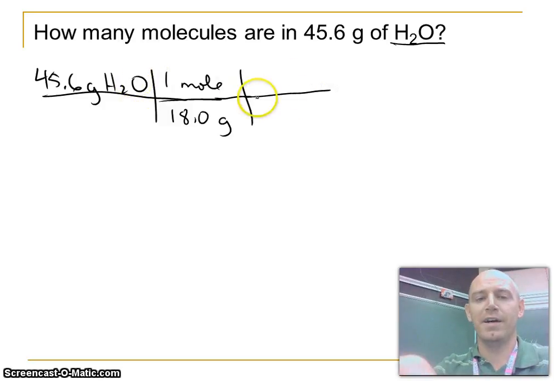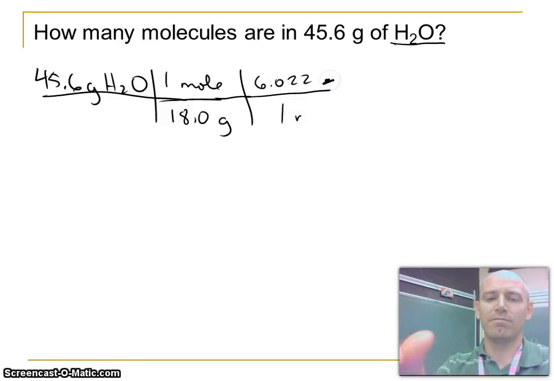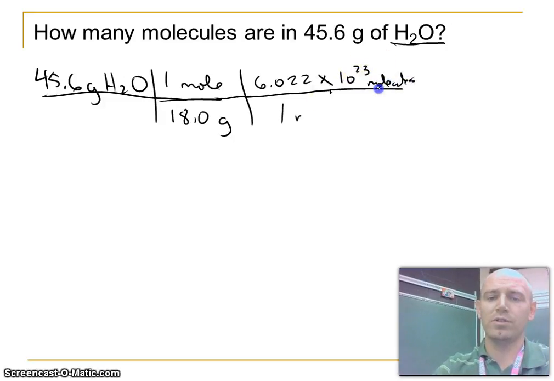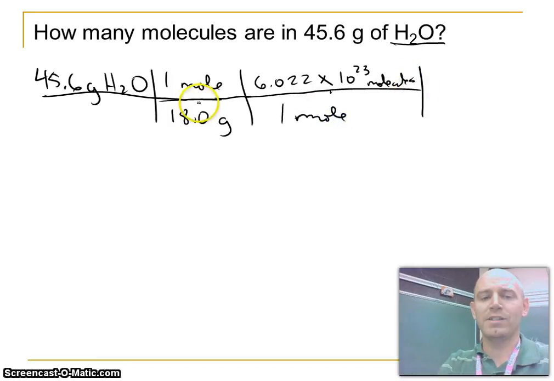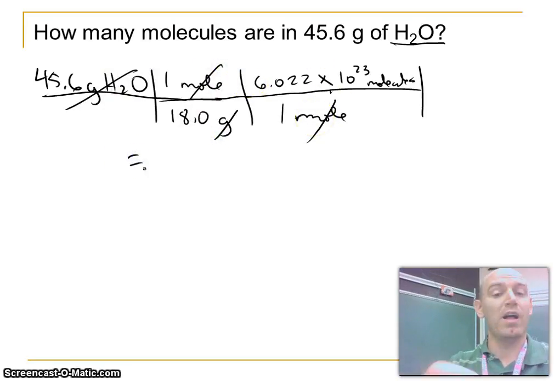And then to get to molecules, it's 6.022 times 10 to the 23rd molecules per 1 mole. So molar mass, Avogadro's number, arranging so that units cancel out just the way I want. And I'm left with molecules, which is the unit I want.